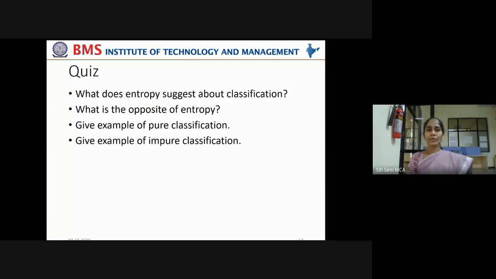Now quickly answer my questions. What does entropy suggest about classification? Any answer from your understanding? I don't expect it to be completely correct. Based on what you understood, I can refine my explanation in the next class.